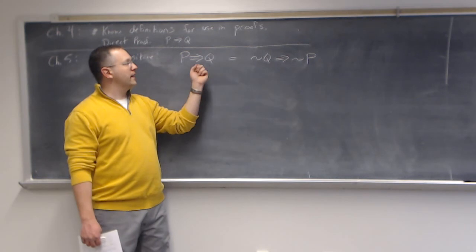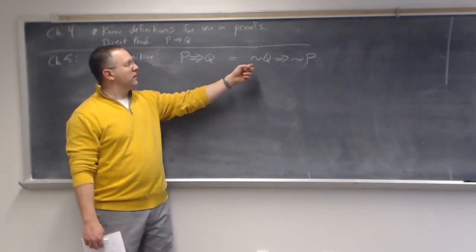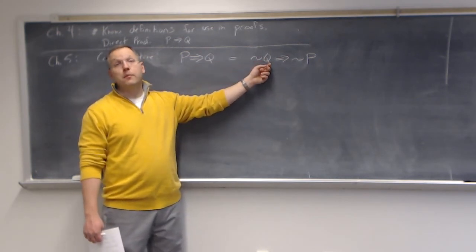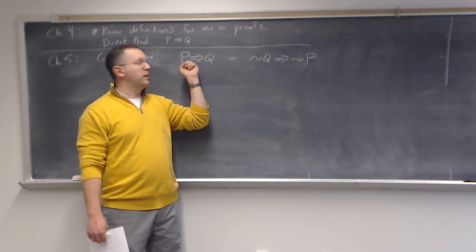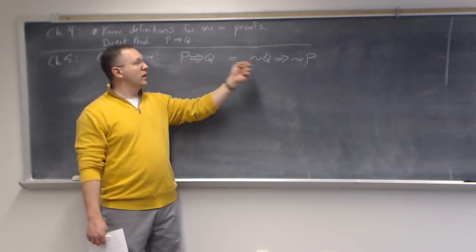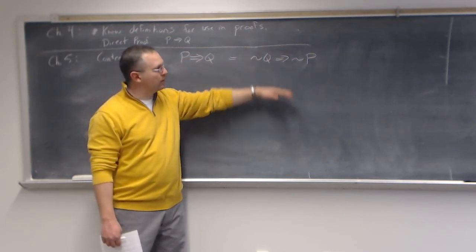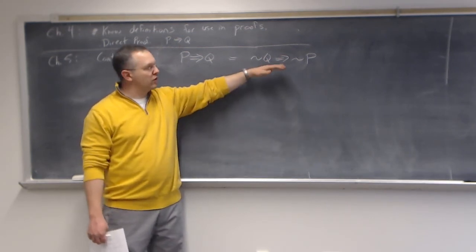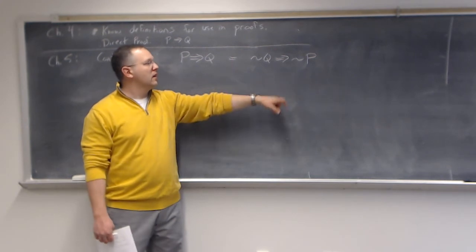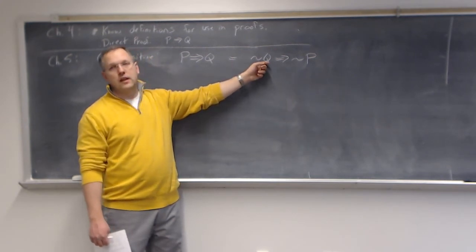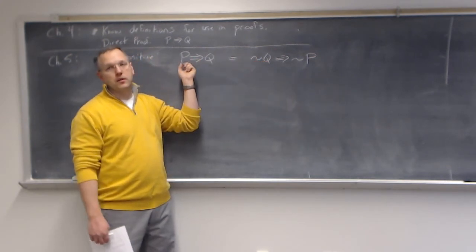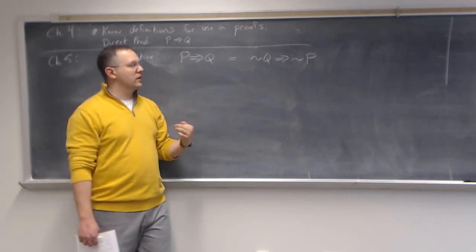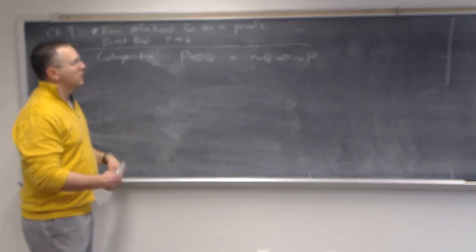It's also nice if not Q is a simpler statement than P, because the rest of the proof is you use direct proof after you assume not Q, then you prove directly not P. Sometimes it's easier to work with this statement than it is the original P statement. But we've seen several examples of that.